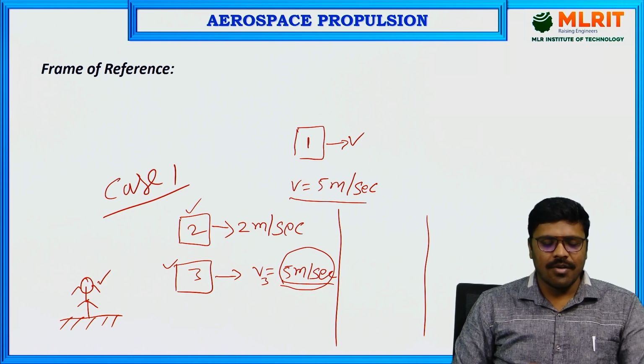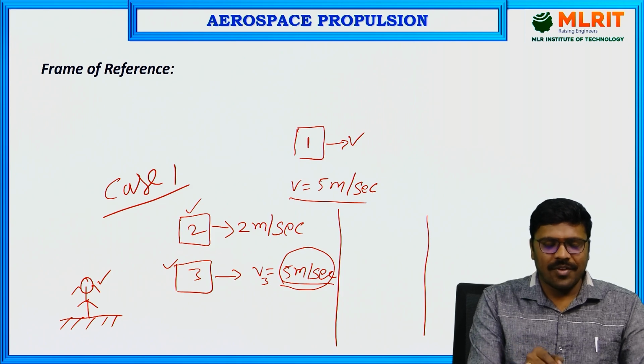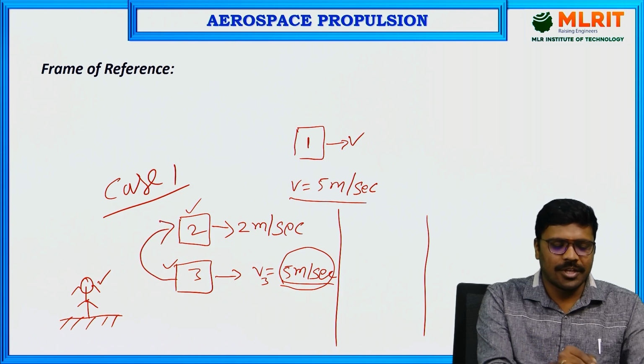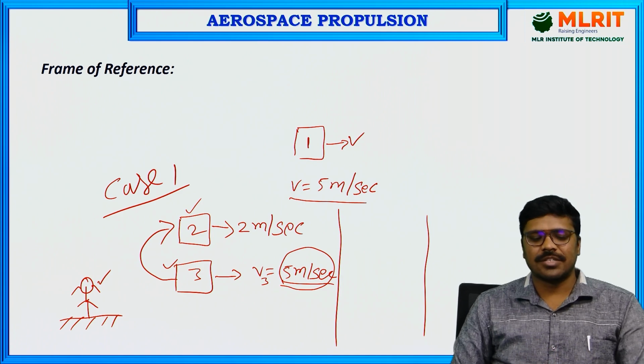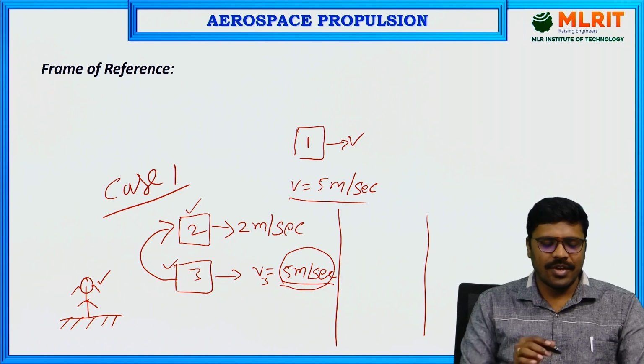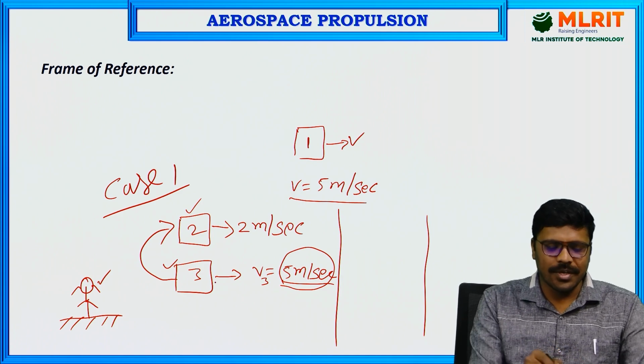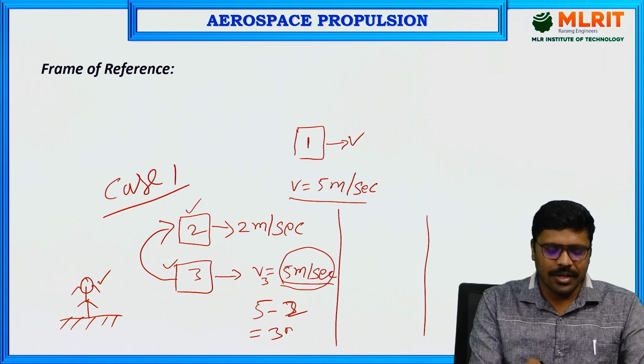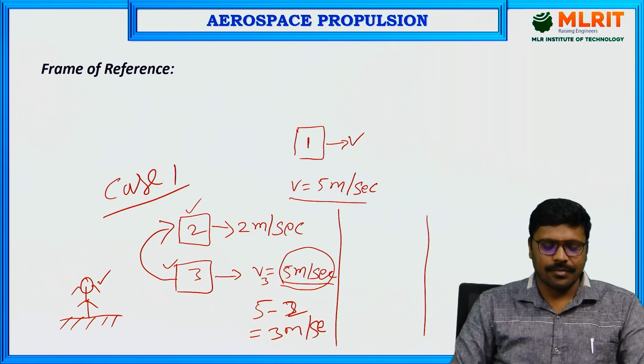Now if I want to calculate the velocity of body 3 with respect to 2, then what is the velocity? The velocity of body 3 with respect to 2 is 5 minus 2, that is equal to 3 meters per second. Isn't it?